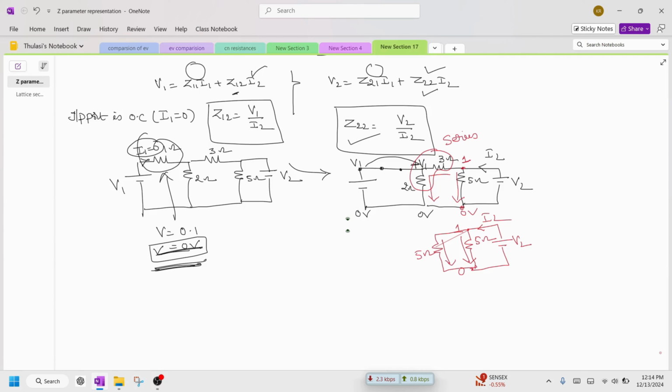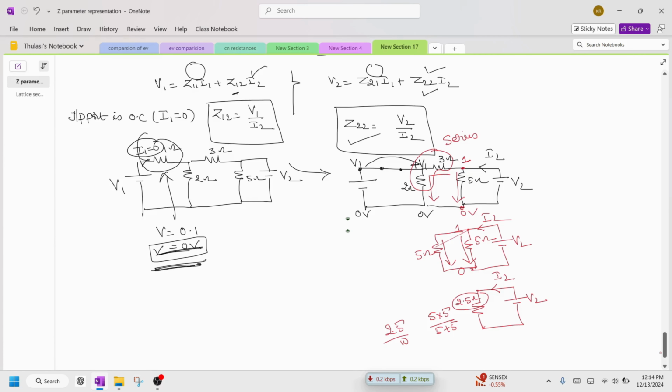Again, these two are connected in parallel. So whenever they are connected in parallel, you will get one resistor, and the voltage applied is nothing but V2, and the current which is driving it is I2. So product of resistance 5 into 5 divided by 5 plus 5 is nothing but 25 divided by 10, which is nothing but half of that resistor value, which is nothing but 2.5 ohm.